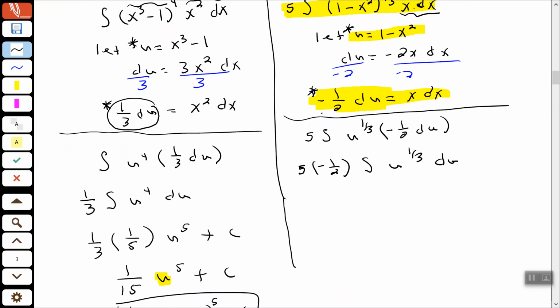Okay, let's use our power rule to integrate. So we have negative 5/2 times, I need to add 1, which is the same thing as adding 3 over 3, which will be 4/3. So we're dividing by 4/3, or multiplying by 3/4.